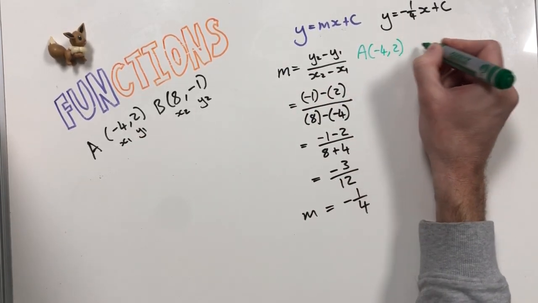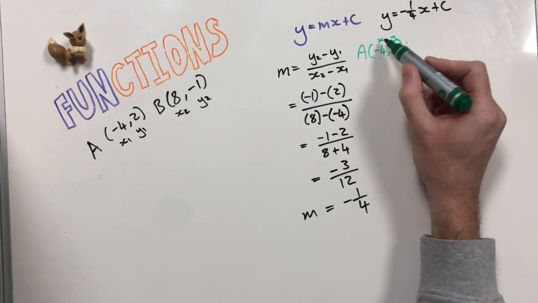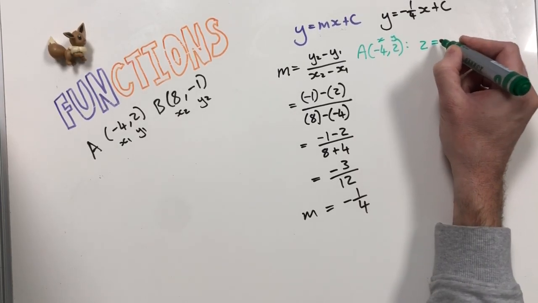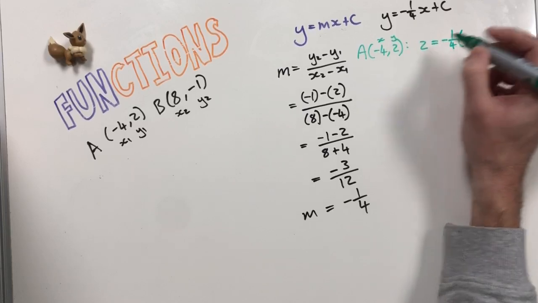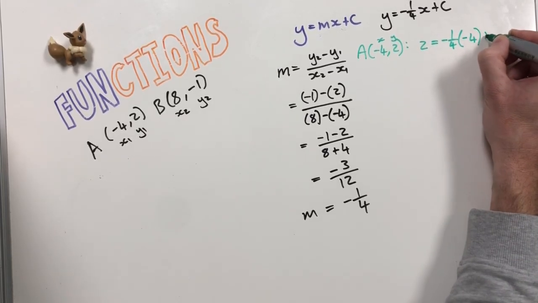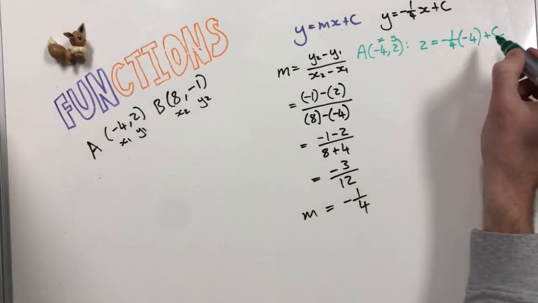So (-4, 2). If I substitute, this is my x and that's my y value, so in this case y is 2, equal to -1/4, x in this case is -4, so I'll just write (-4) plus c. Okay, so now I have an equation with only one variable.